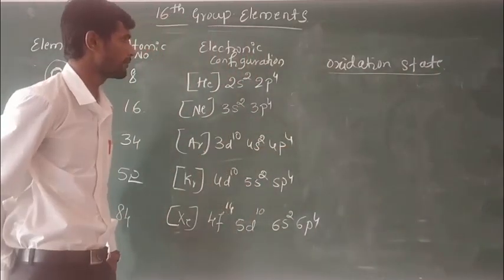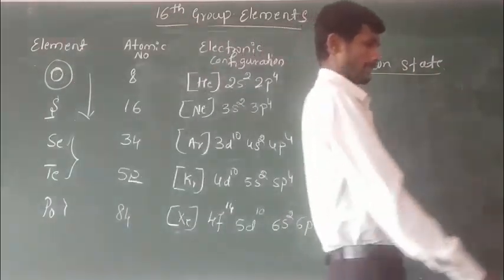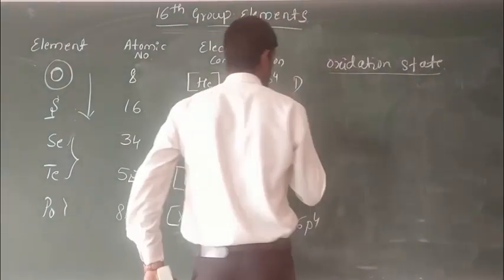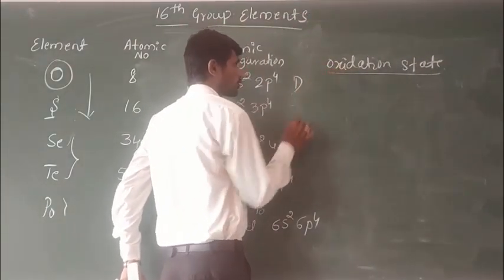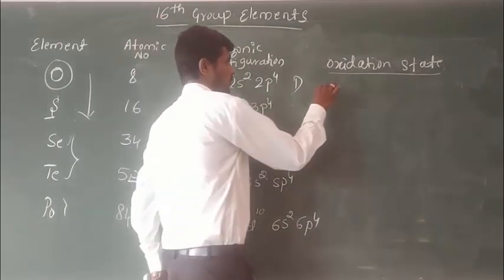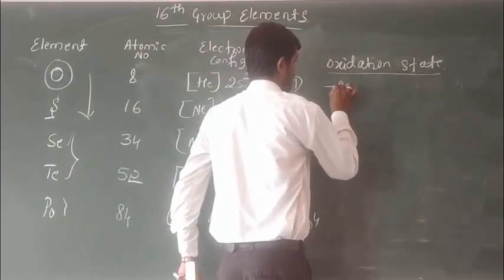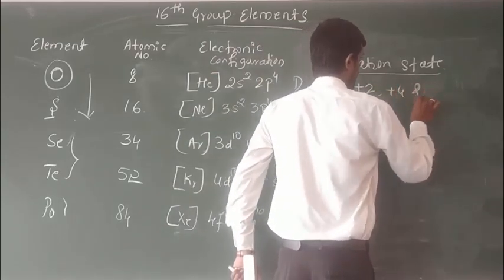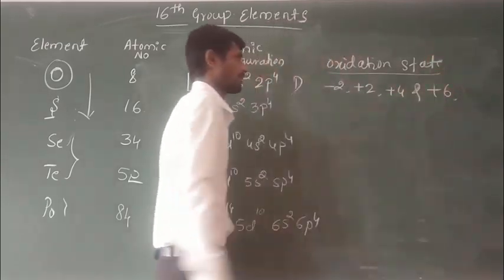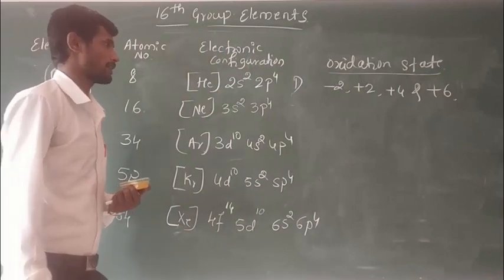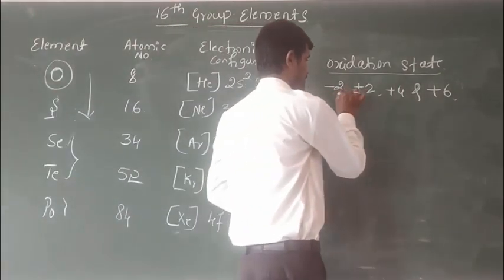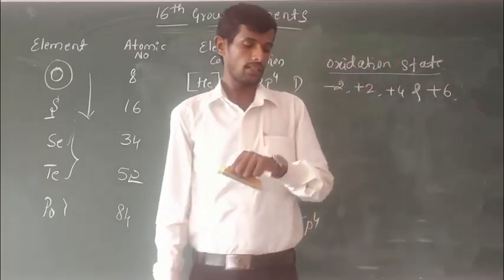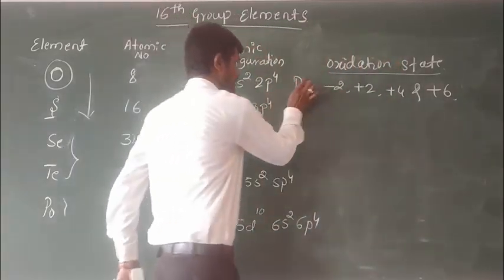Students, remember this point: 16 group elements usually show oxidation states of -2, +2, +4 and +6.